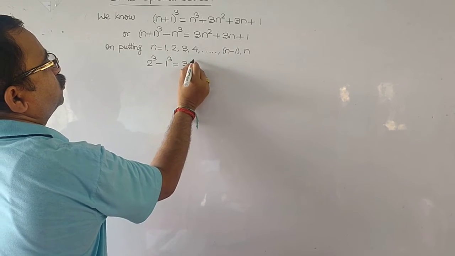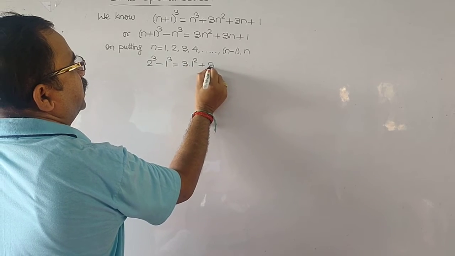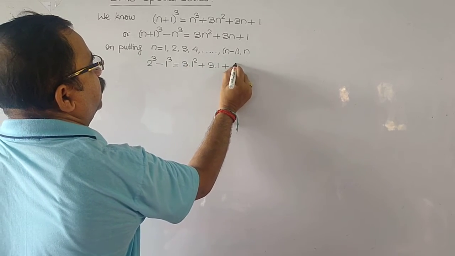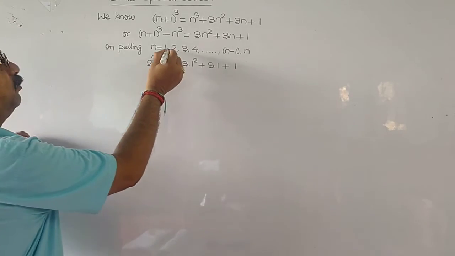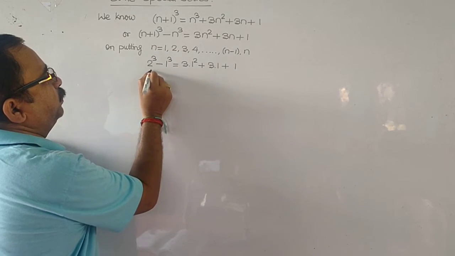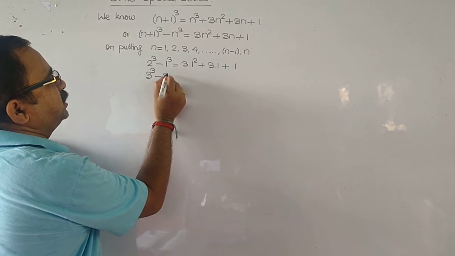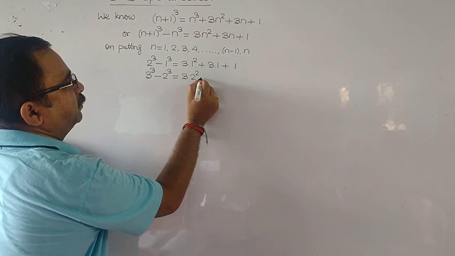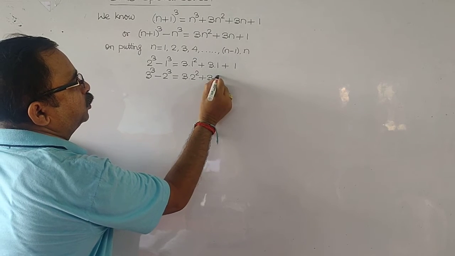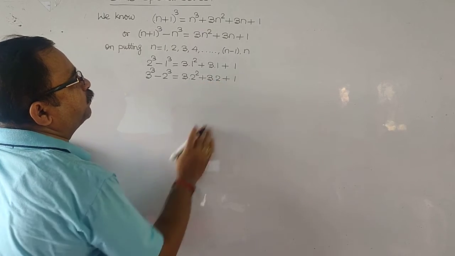That is 2 cube minus 1 cube equal 3 into 1 square plus 3 into 1 plus 1. When we substitute n equal to 2, it will be 3 cube minus 2 cube equal 3 into 2 square plus 3 into 2 plus 1.